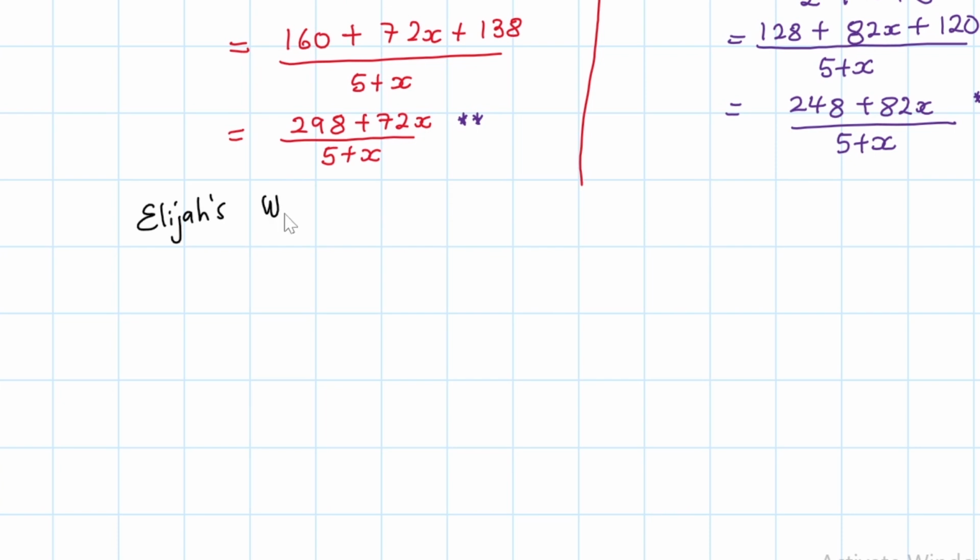So we know that Elijah's weighted mean is equal to Elliot's weighted mean.